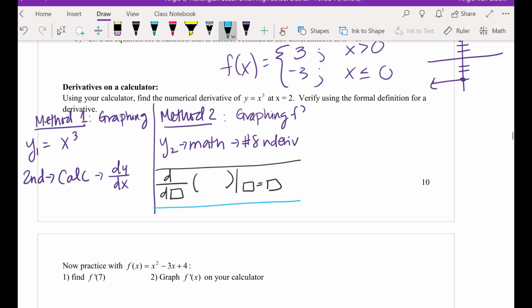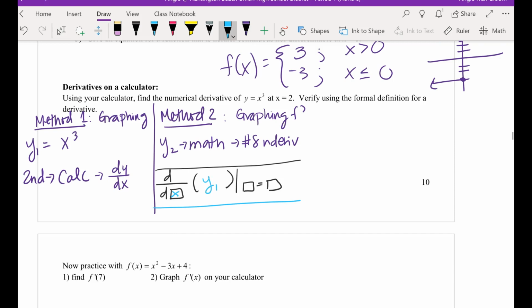We are taking the derivative with respect to what? X. So this X goes right there. That's always the variable we are taking the derivative with respect to. Now this parentheses: since we already have y1 in there, if it's an easy equation like ours, x to the third, you can just punch it in. If it's some crazy equation, you can recall y1.